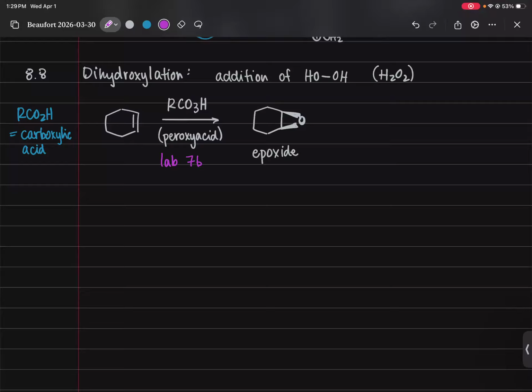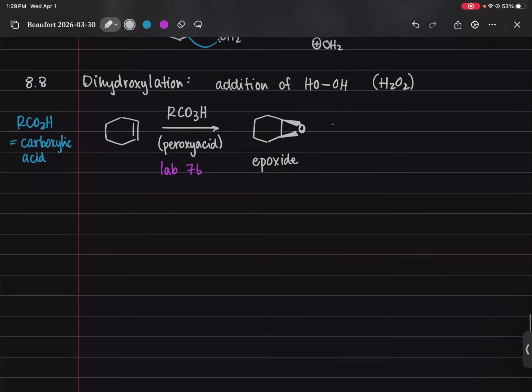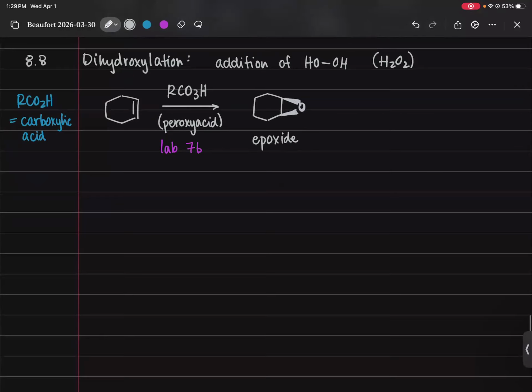In fact, this exact reaction. Then if you treat an epoxide with acid, epoxides are pretty sensitive, so they react quickly.